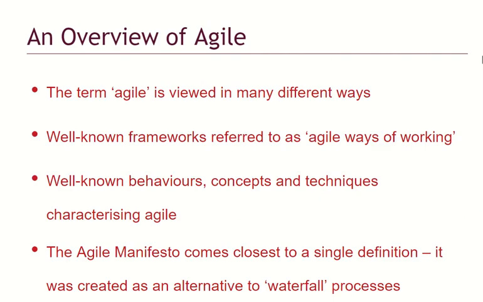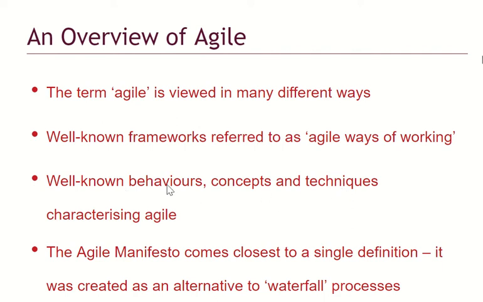All right. Looking at Agile, what is the overview of Agile? The term Agile, you can view it in many ways. Agile is usually referred to as a way of working. It's a well-known framework. It's also referred to as a behavior, a concept, and techniques.